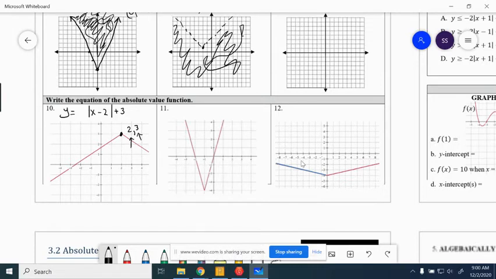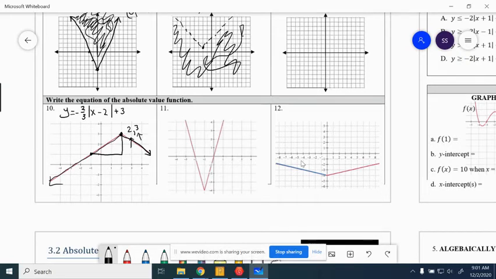So it looks like the next point it hits perfectly is right here. So we're going to be going down 2, over 3. So the slope is going to be 2 over 3. And is this a negative or positive slope? Well, it is an upside down V, right? So this is going to be negative.